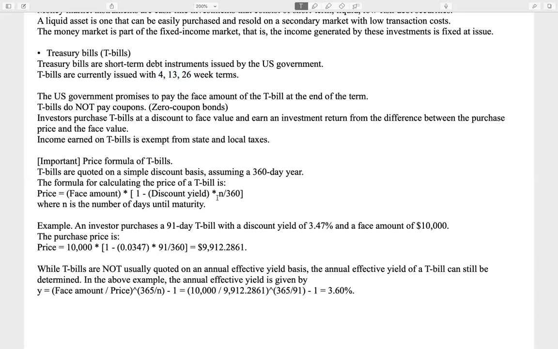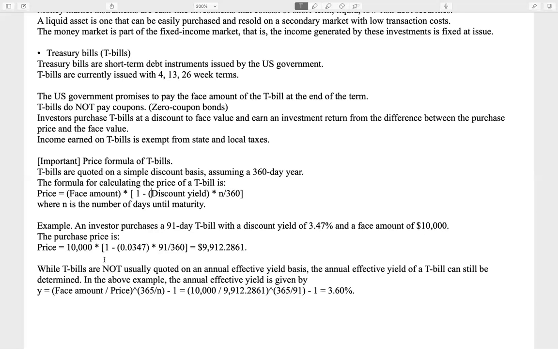We use the number of days until maturity divided by the total number of days in a year. So n divided by 360 gives you a fraction in units of years. Then the annual discount times this fraction gives you the discount for the specific Treasury bill you are trading. Then the face value times 1 minus the discount gives you the price.